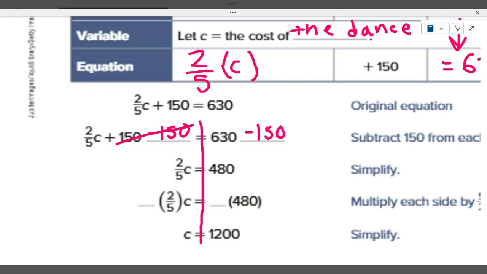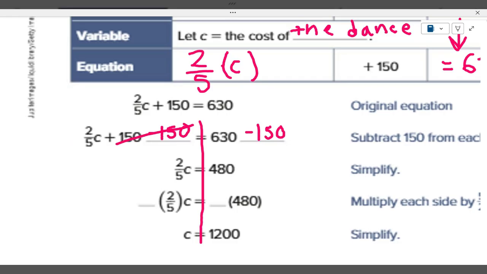So remember earlier we talked about how we could write 2/5 C with parentheses, or we could write them right next to each other for multiplication. The opposite of multiplication is division. This is where it might get a little bit tricky if you don't remember, but division is the same thing as multiplying by the inverse.